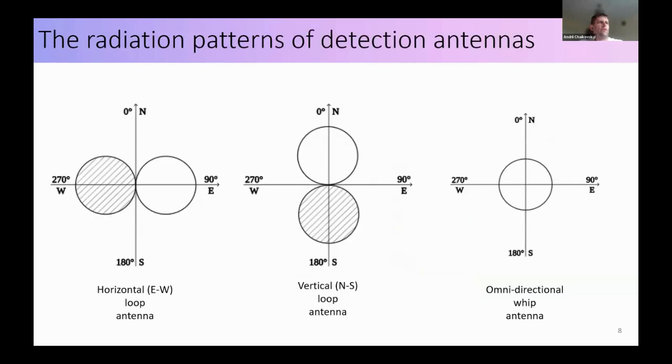Okay, so we have 2 loop antennas with their radiation patterns directed in east-west and north-south directions, and hence it is not possible to define from which side of the antenna the signal was received. We have to use an additional omnidirectional whip antenna in order to distinguish this direction.